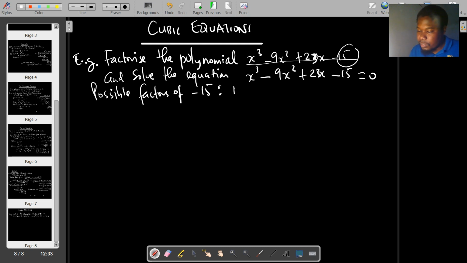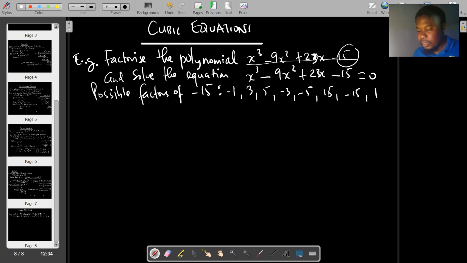These ones will be negative 1, we can have 3, 5, negative 3, negative 5. Then we can also have 15 and negative 15 as our factors. And also, oh my goodness, I forgot positive 1. We can have all those factors.